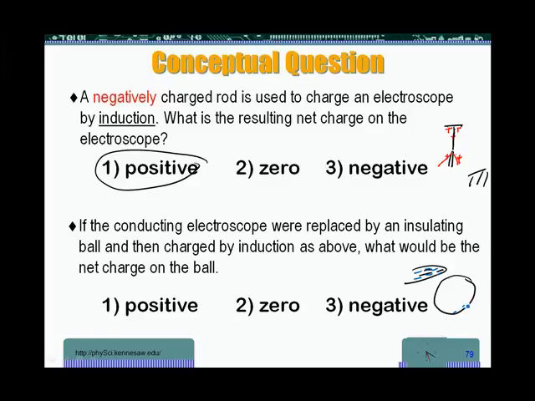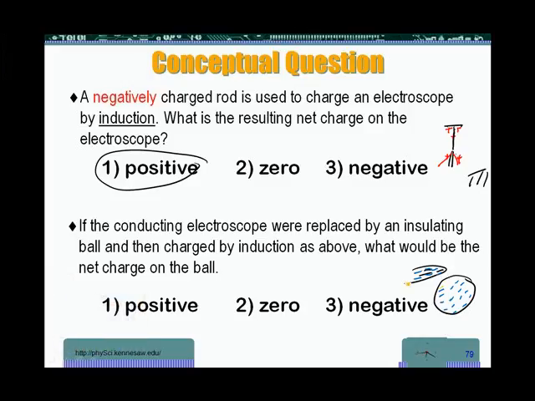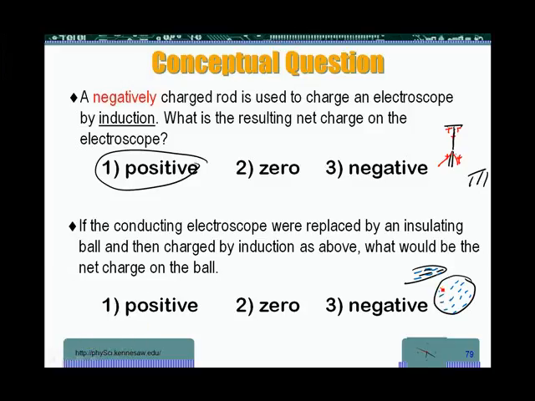So I'm going to have negative charges throughout like this, and then positive charges. Remember, each negative charge is not going to be able to move away from its atom. So it's going to just reorient around the atom to be furthest away from the negative charge, but it's still going to be stuck in place.